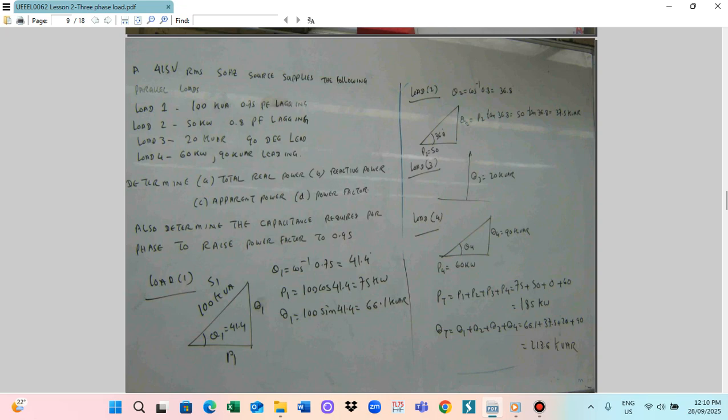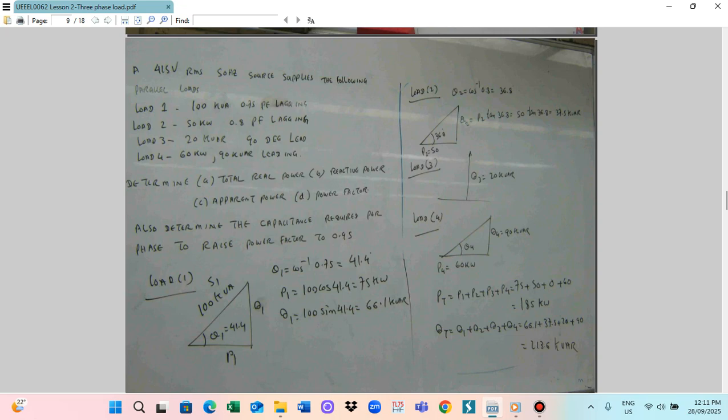Load 2 is 50 kilowatt, 0.8 power factor lagging. So then you can calculate theta 2. Theta 2 is cos inverse 0.8, so this becomes 36.8 degrees. Load 2 is 50 kilowatt, the horizontal side is 50 kilowatt, P2, and this is Q2.